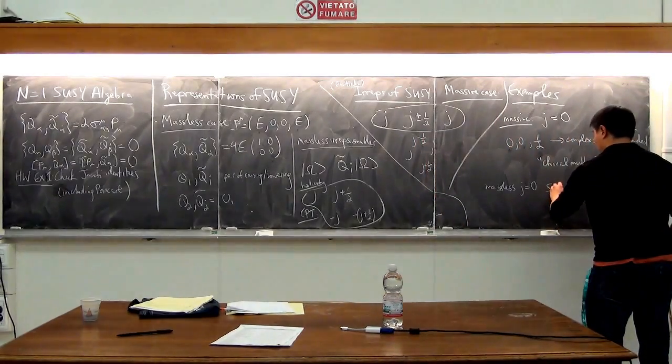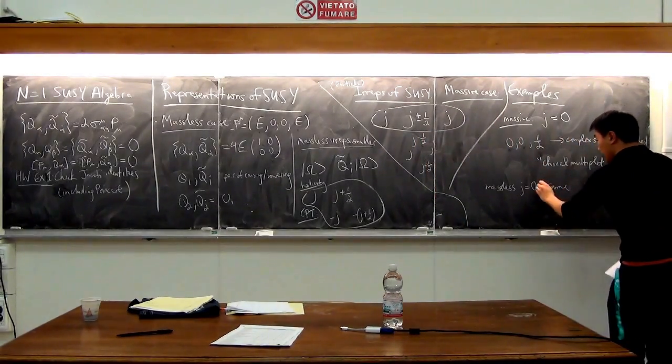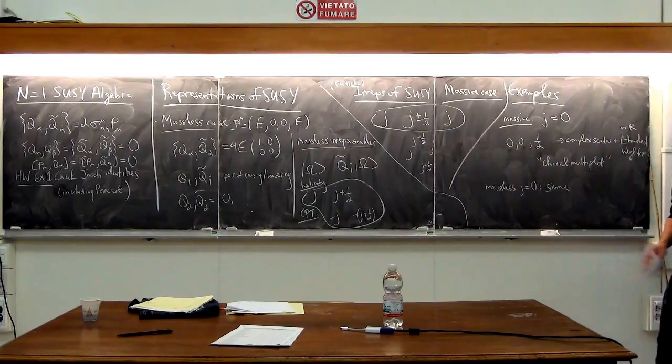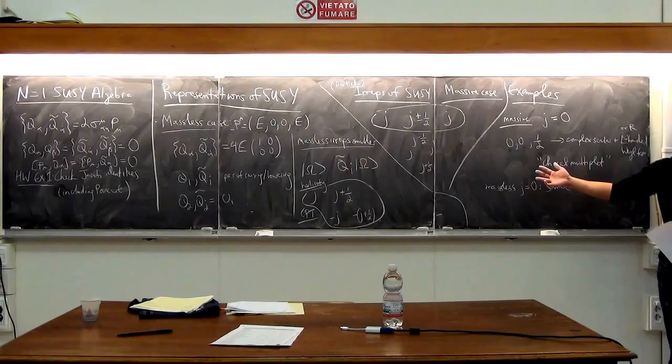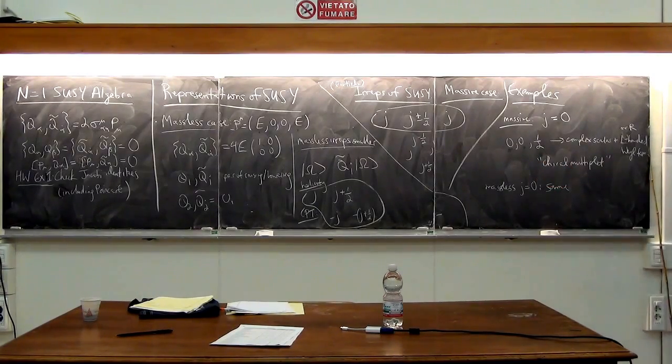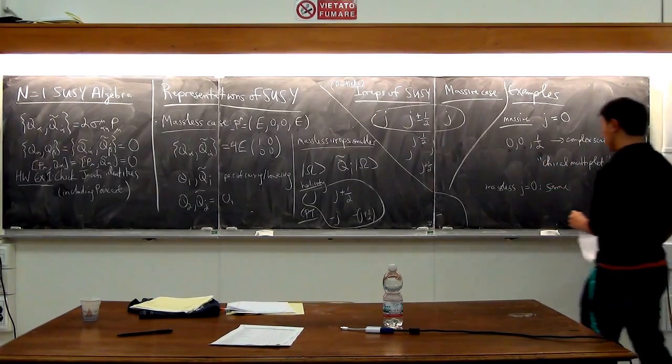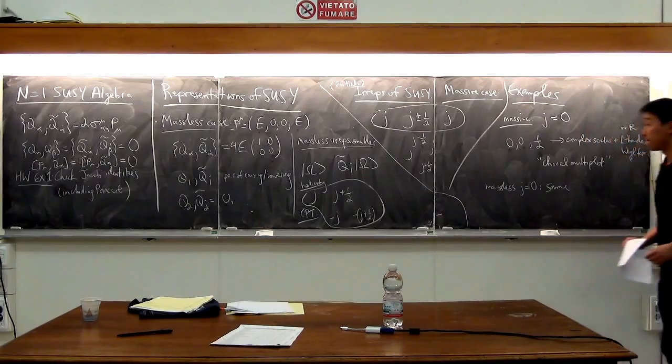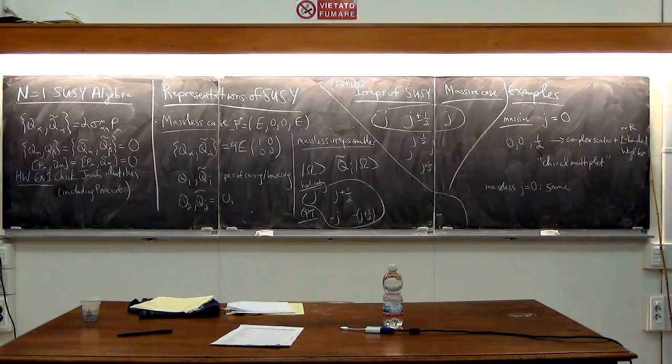Okay, so this is the same. So there's no difference in the field content for a massive or a massless chiral multiplet. And that stands to reason. Okay. Any questions about that?